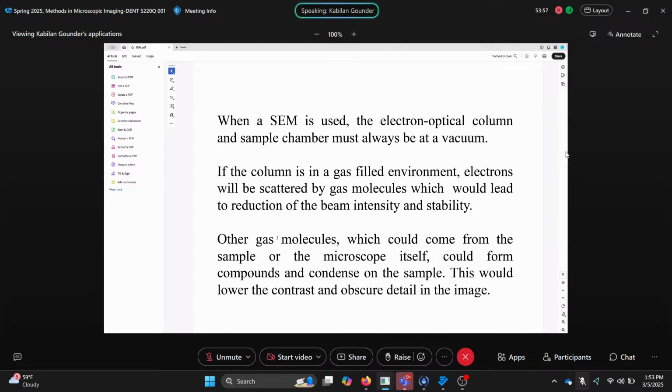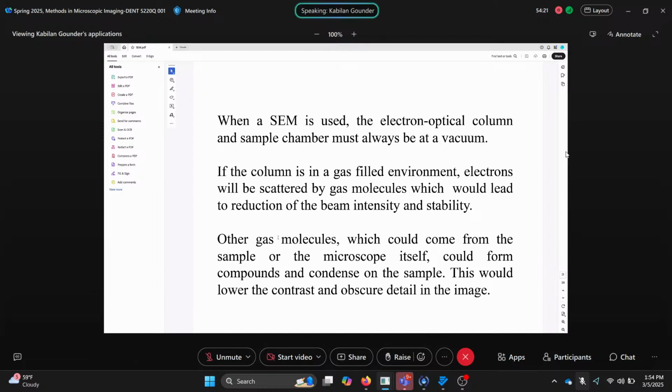When a scanning electron microscope is used, the electron optical column and the sample chamber must always be under vacuum. If the column is in a gas-filled environment, the electrons will be scattered by gas molecules, which would reduce the beam intensity and stability.